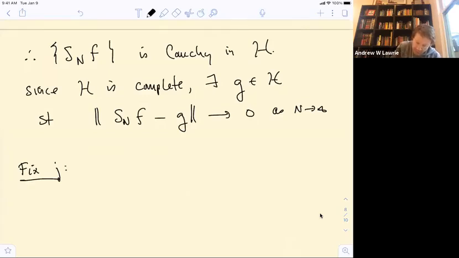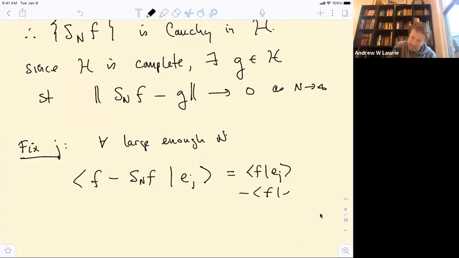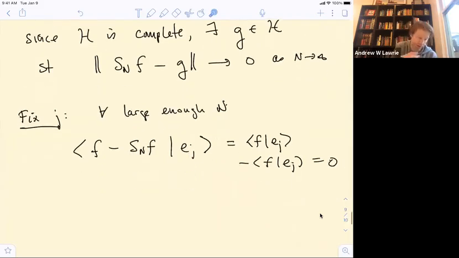And then for every large enough n, f minus S_n f paired with e_j is just equal to f paired with e_j minus f paired with e_j. This is equal to 0, as long as n is large enough relative to j, since in here we have exactly this coefficient times e_j, and then paired with e_j we get 1 back again. So this is equal to 0.